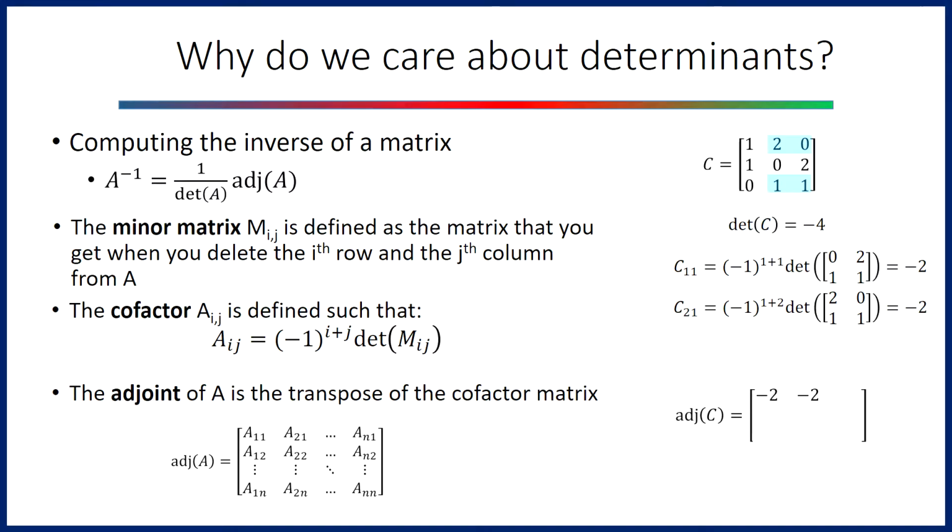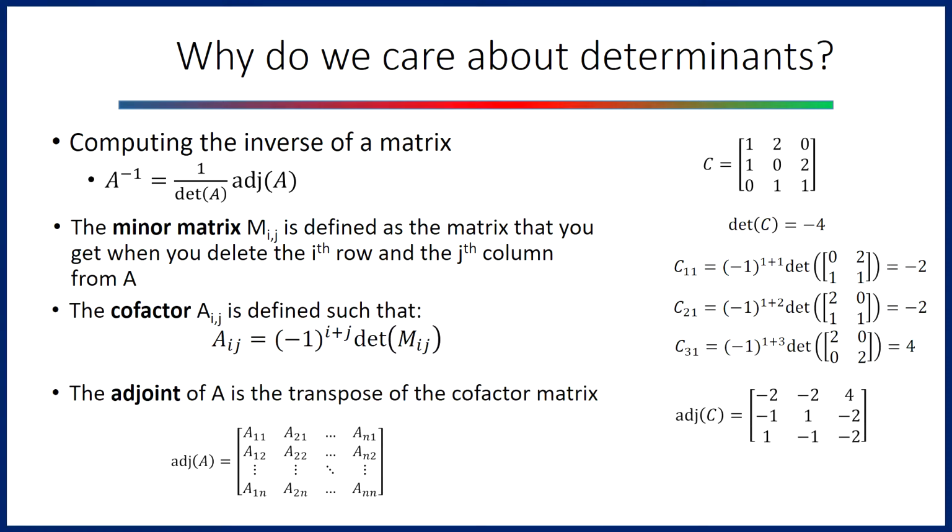The third element is -1 to the 1 plus 3 times the determinant of 2, 0, 0, 2, which is equal to 4. I'm not going to write everything out, but we go through the same process for the rest of the elements and find they are equal to -1, 1, -2, 1, -1, -2.